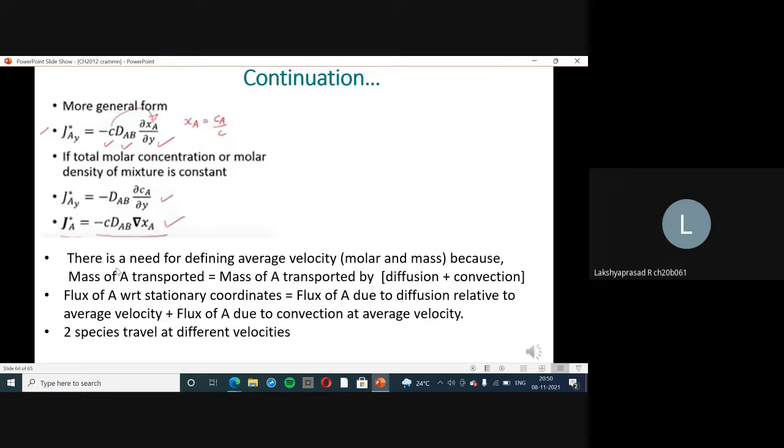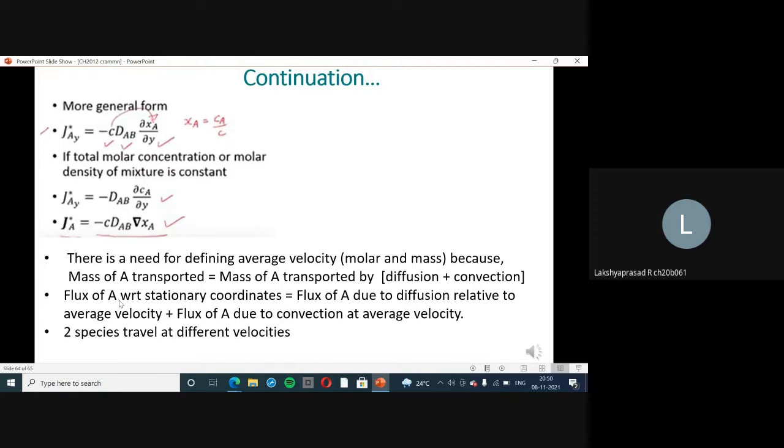Okay, we're moving on. There is also a need now for defining average velocity. Till now the velocity that we were discussing had a single meaning, but here we need to define a molar average velocity and a mass average velocity, because the mass of species A which is transported is given by that due to diffusion plus the contribution due to convection.